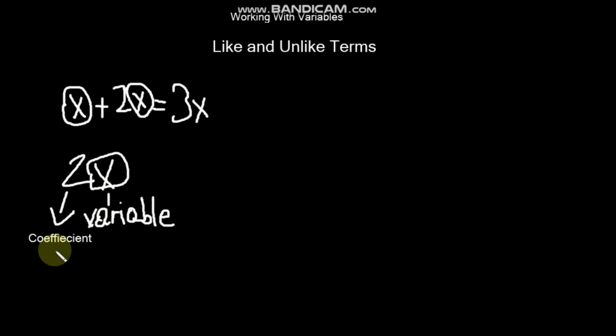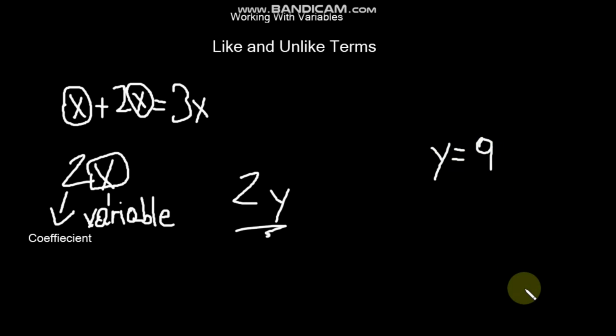The coefficients are numbers that are multiplied with the variable if we finally get the value of the variable. For example, if 2y was a question and it said y equals, let's say, 9, all you have to do is substitute y by 9, making it 2 times 9, and this makes it 18.